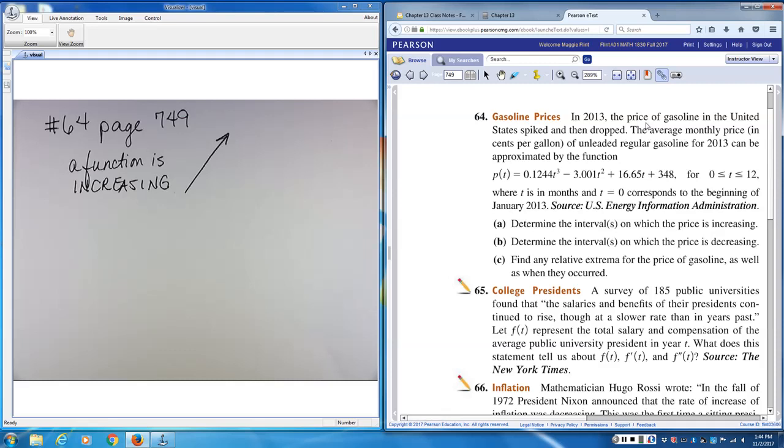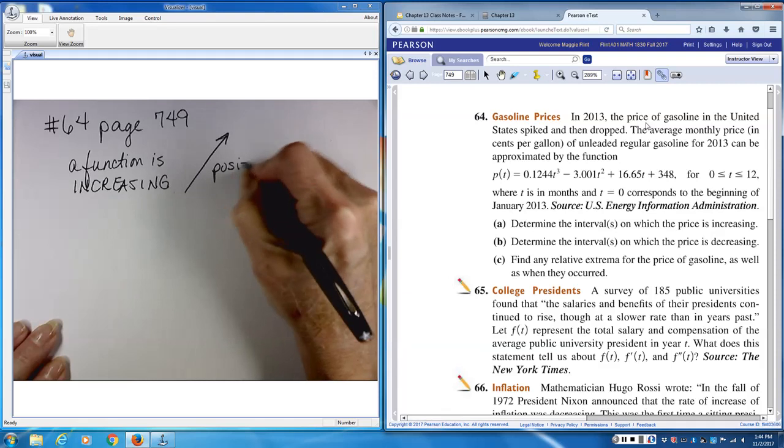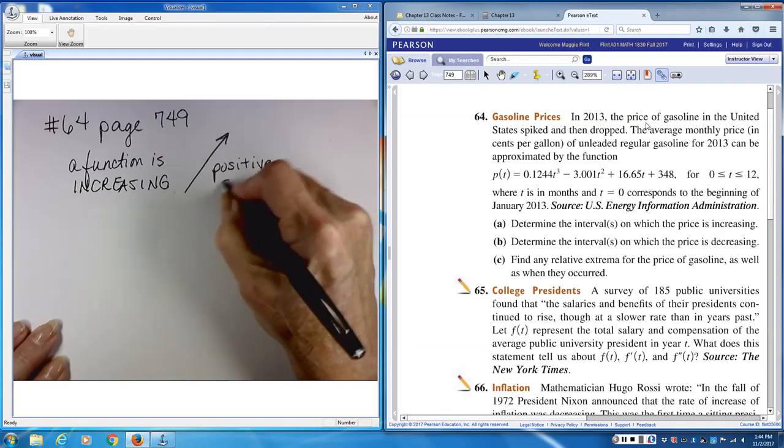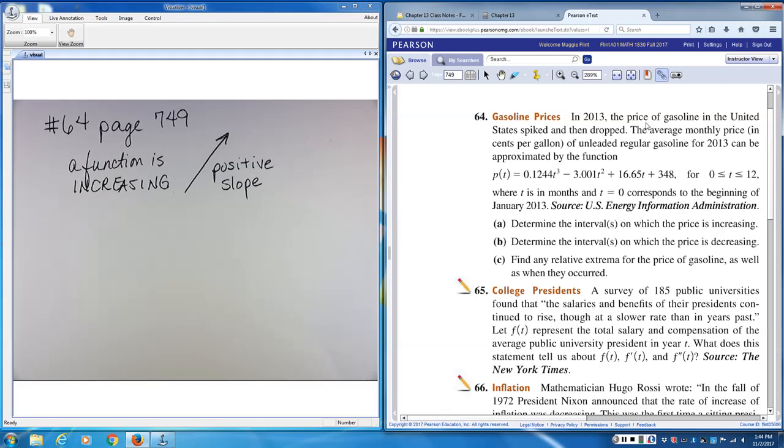A function's increasing if you look at a picture of its graph. Now this is the common sense part of it. This is something you would know from any previous math course you took. A function's increasing if its slope is positive, basically, right? It travels uphill from left to right, so its slope is positive. What do you know about the connection between a derivative of a function and its slope?